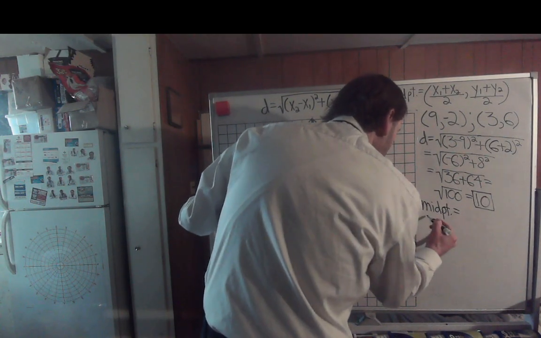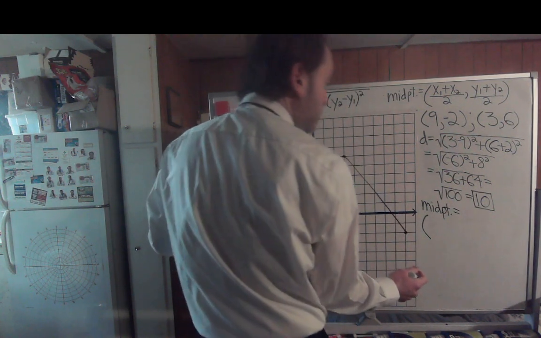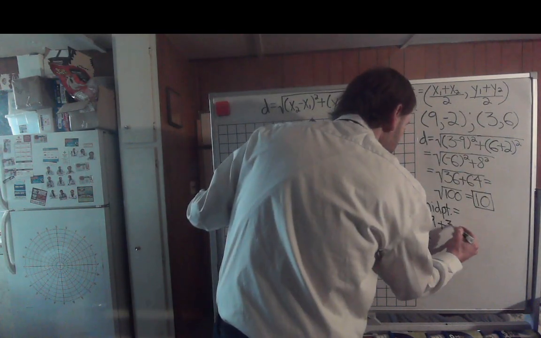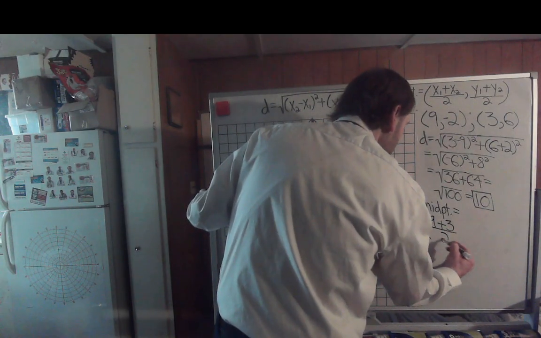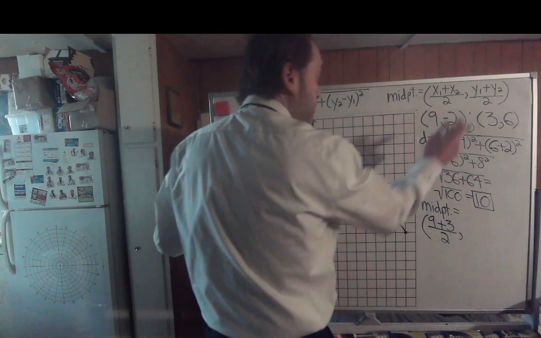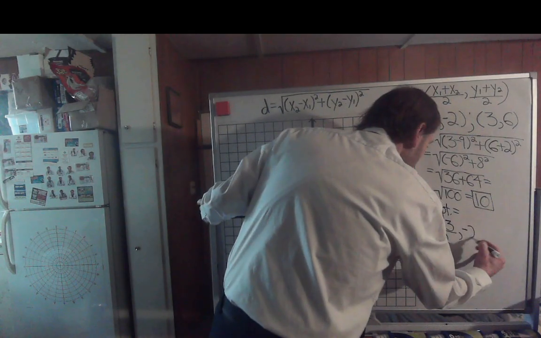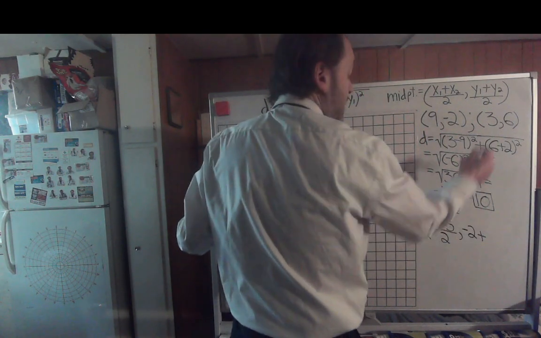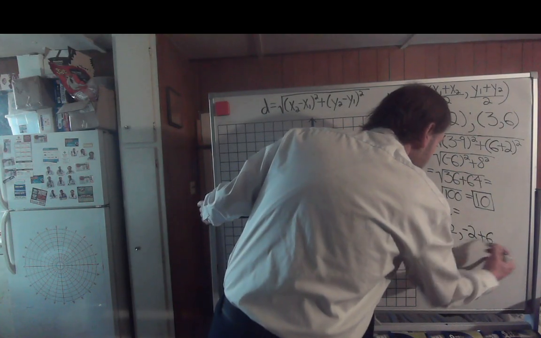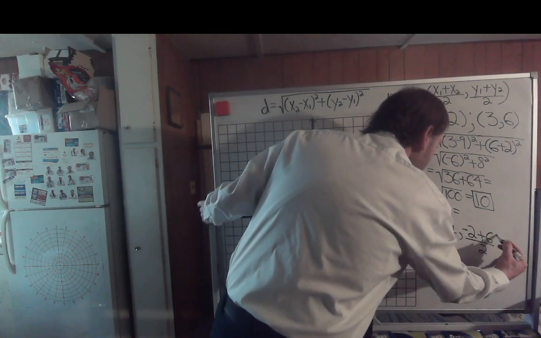The midpoint would of course be my x1 of 9 plus my x2 of 3 divided by 2, and then my y1 of negative 2 plus my y2 of 6 divided by 2.